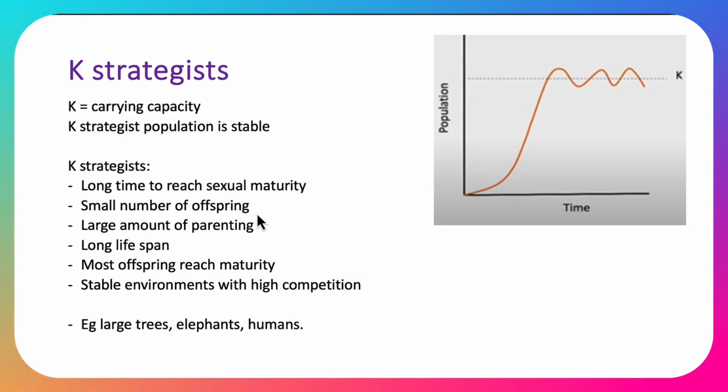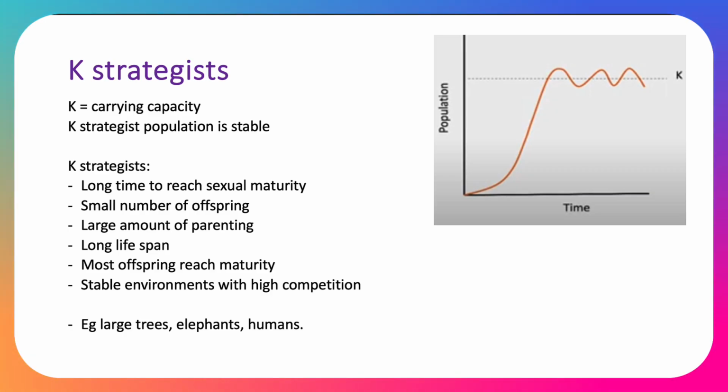Small number of offspring and large amount of parenting. They have a long lifespan and nearly all offspring actually reach maturity. They thrive in a stable environment where there's a high amount of competition. So think about a mature forest where there's lots of mature trees. So there's a lot of competition there for resources. So it's a stable environment, but there's high amounts of competition.